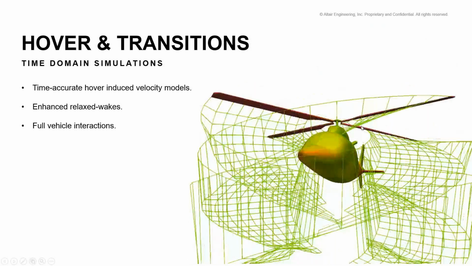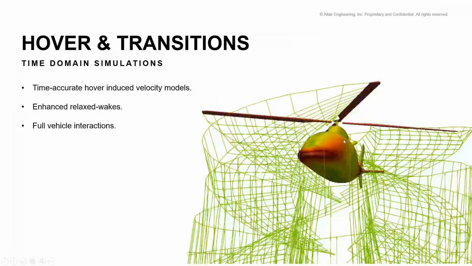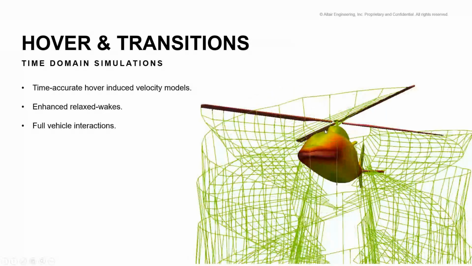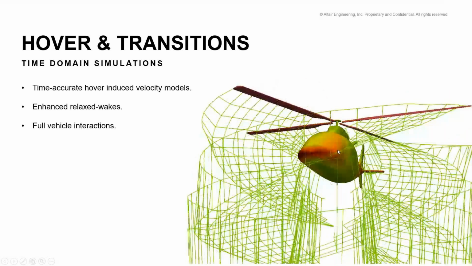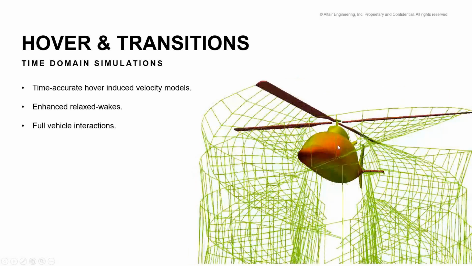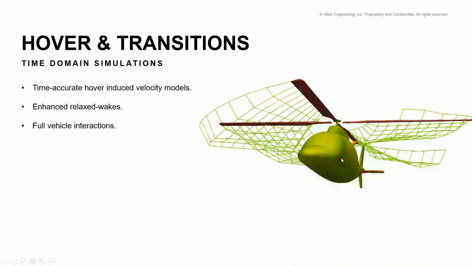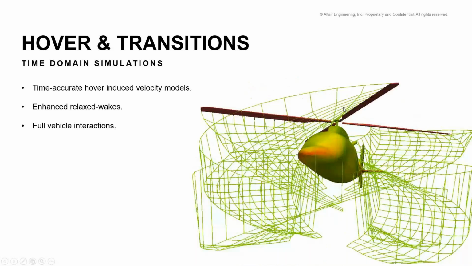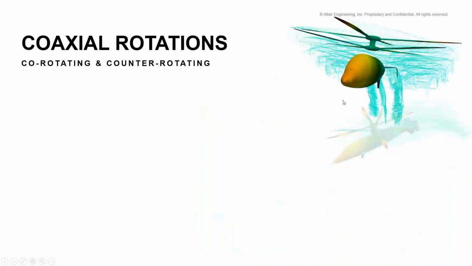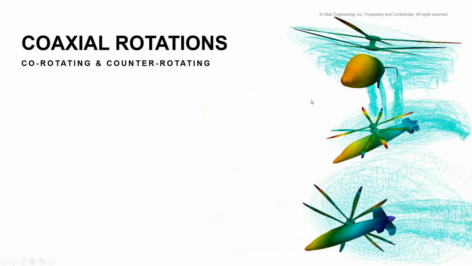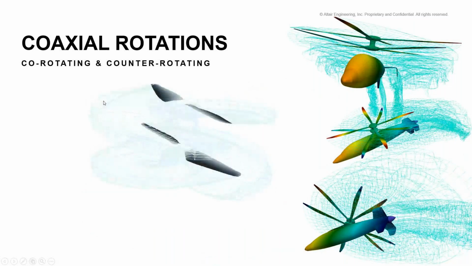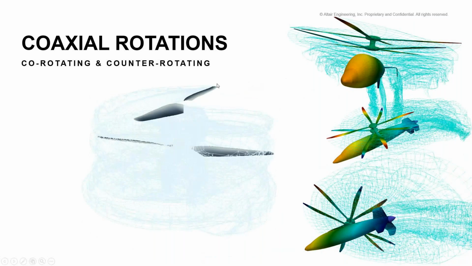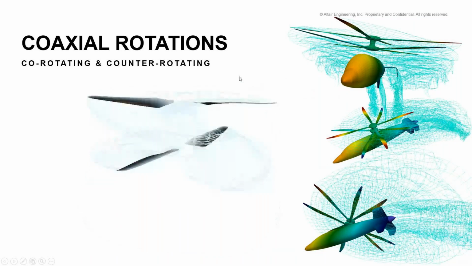Full vehicle interactions too: we can couple the pressure forces to other solvers like OptiStruct and get the effect on the movements. So for coaxial rotations, like this kind of rotation with counter-rotating motions, it can capture them very easily.